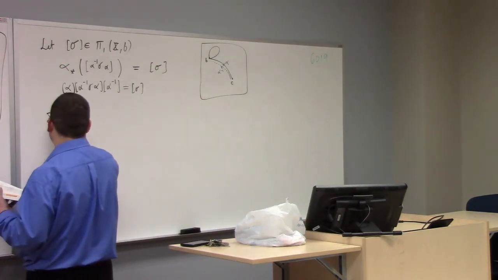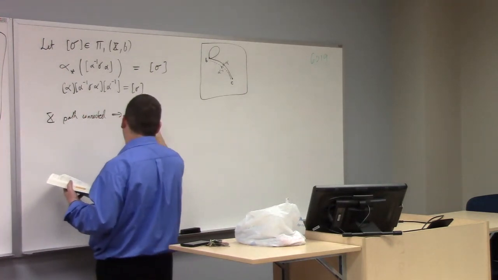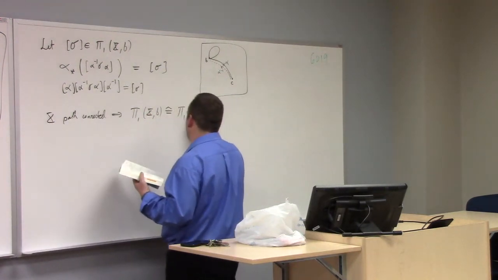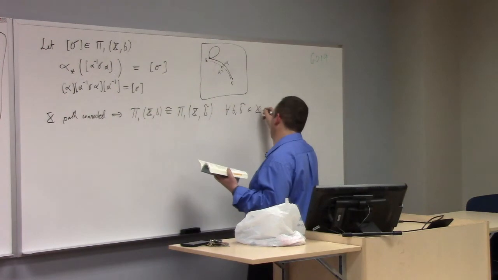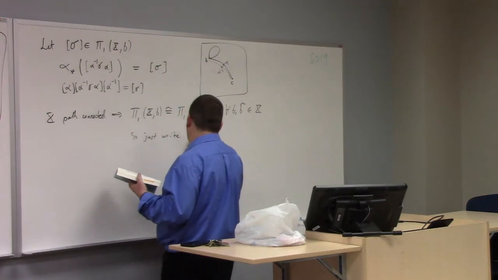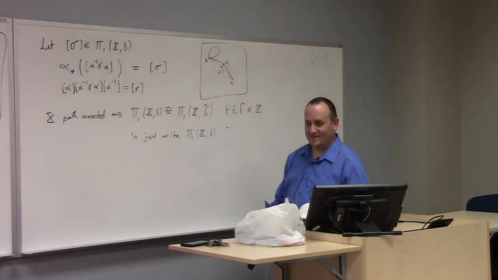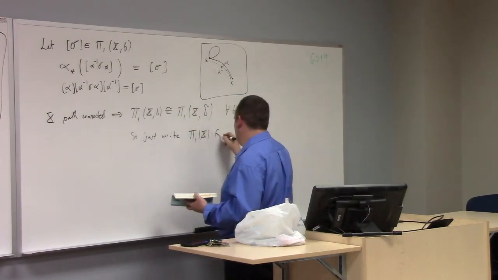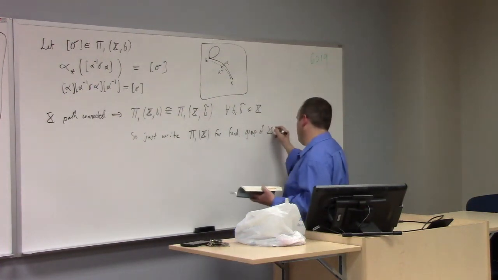So X path connected implies that pi 1 of X, B is isomorphic to pi 1 of X, B tilde for all B and B tilde in X. So just write pi 1 of X. Seriously, after all of this, pi 1 of X for the fundamental group of X, all right?